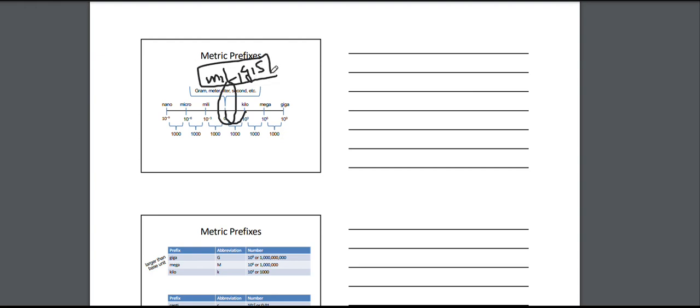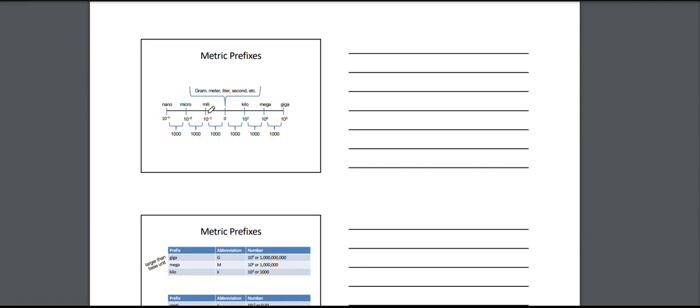These are our base units in the center. You can go right or left: this is a large unit, and this is a smaller unit. If you're going from the kilometer to the meter, you multiply by a factor of 1,000 and you get the meter. You can multiply by a factor of 1,000,000, 10 to the power 6, and you get a megameter, right? Because we have 2 factors of 1,000, so it's 1,000,000. Or you can multiply by 10 to the power 9, or 1,000,000,000, and you'll get a gigameter or a gigaliter or gigasecond, and so on and so forth.